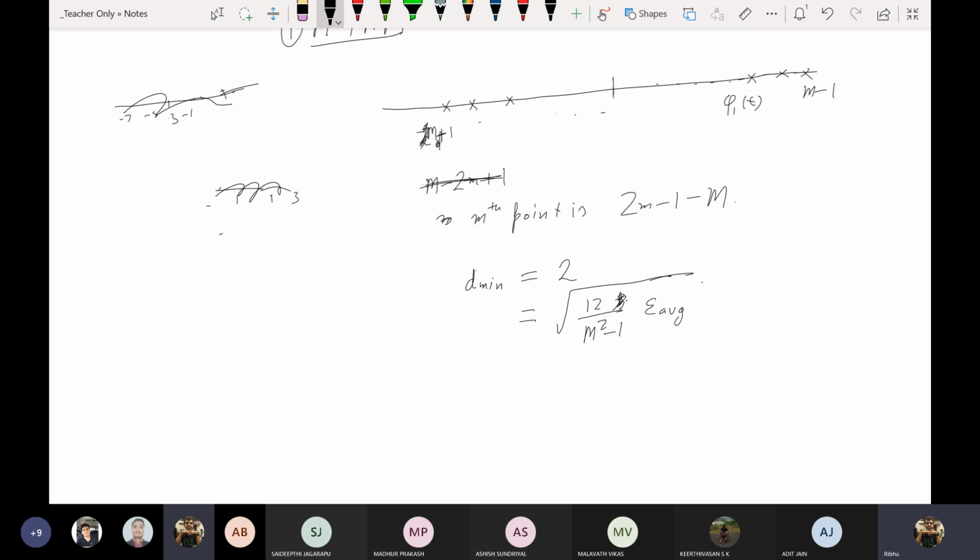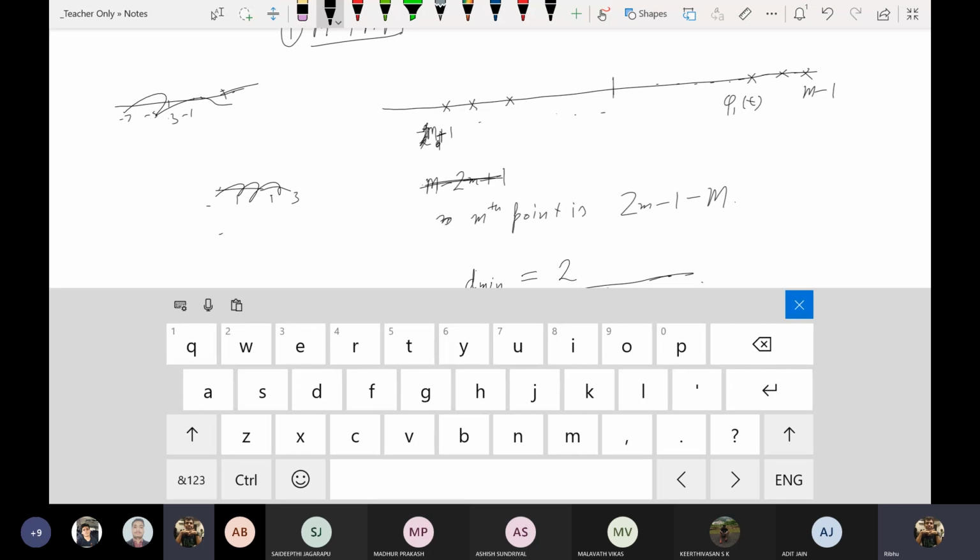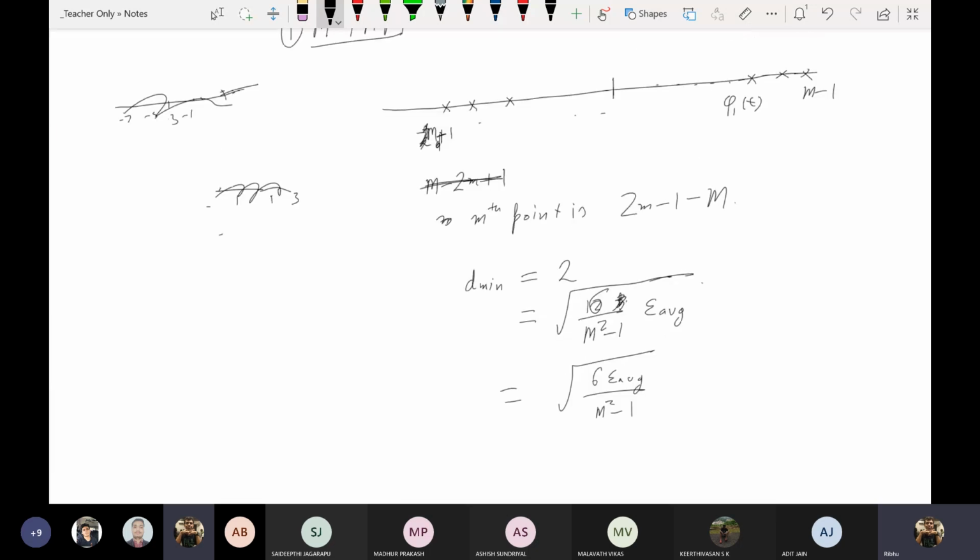This is what we had calculated. I'll just cross check, but yeah, sorry, 6. This should be 6. So 6 E average, right? Yes, the square root was outside, so it was inside the square root. So yeah, so this is d min from what we calculated, right?